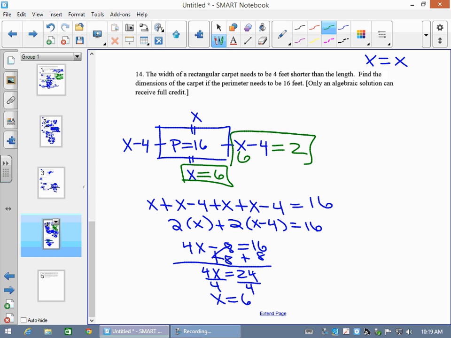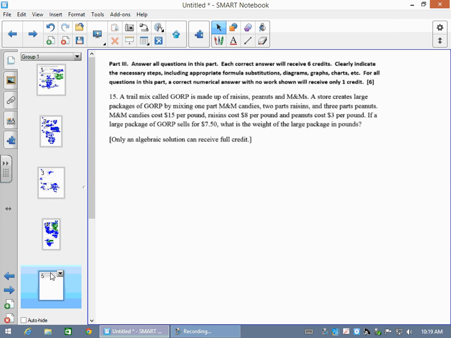Taking a look at the last question, this one was a tricky one. We're talking about a mixture of them, so I'm going to make a type of value total chart.